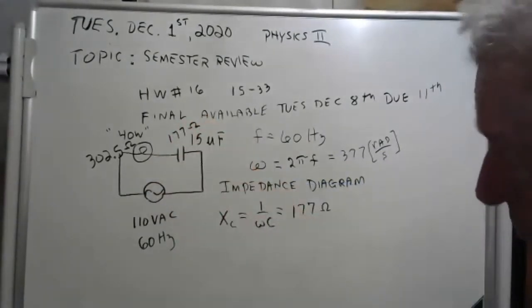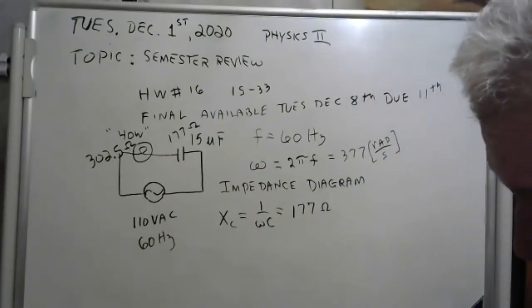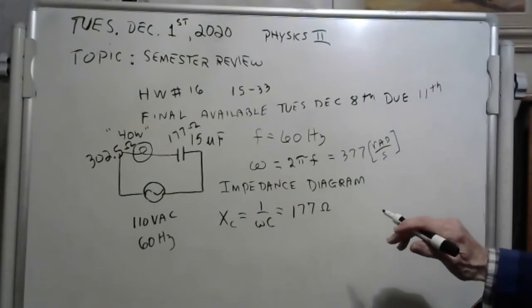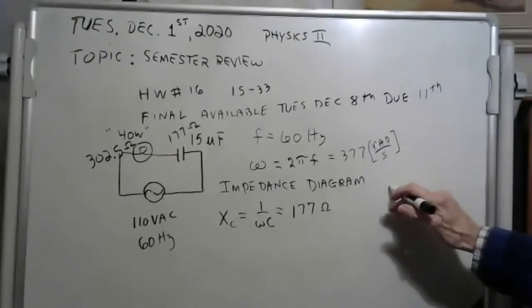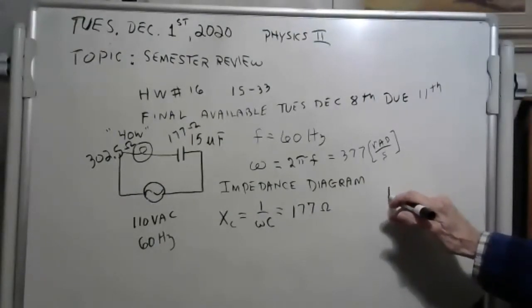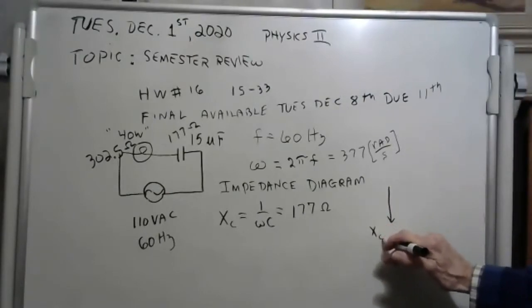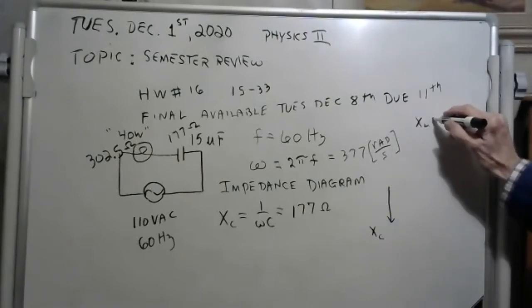Now we're going to draw the impedance diagram. Do you remember how to do that? You draw the 177 going down. There is no XL.